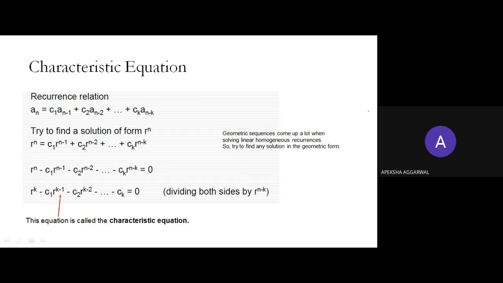Now it says try to find a solution of the form r to the power n. Instead of a_n, you just place r to the power n.